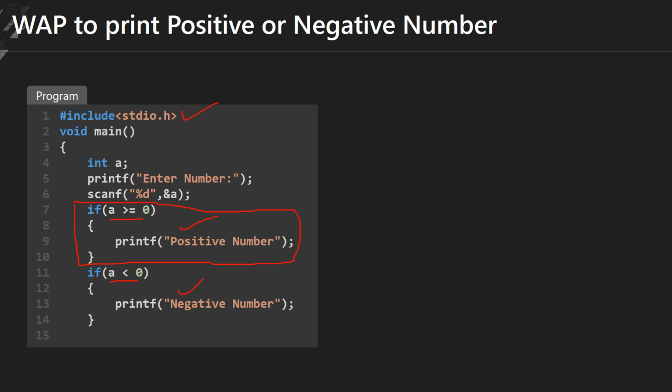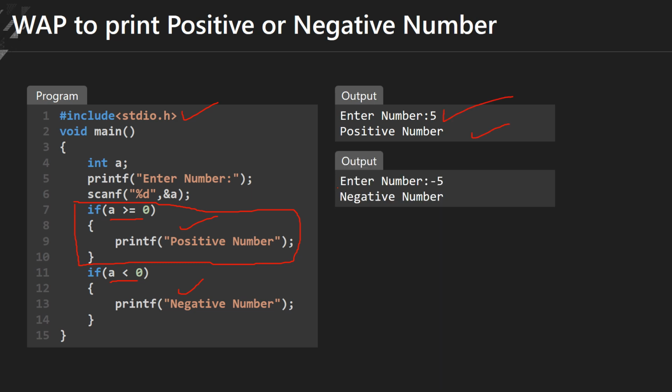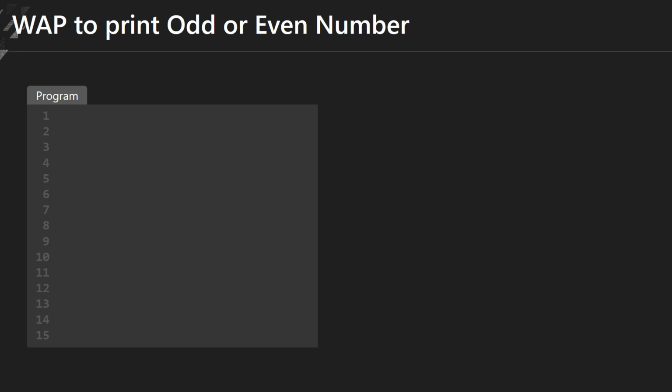Like that you can check multiple conditions using the simple if statement. So obviously the number entered is 5, which is a positive number. If I enter a negative number, negative number will come. So we'll see another example, and you'll get more clarity on how to use the simple if statement.